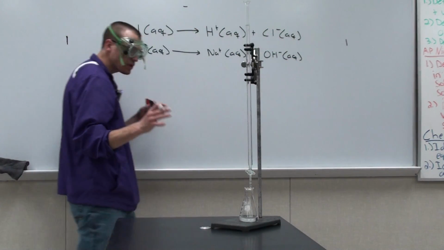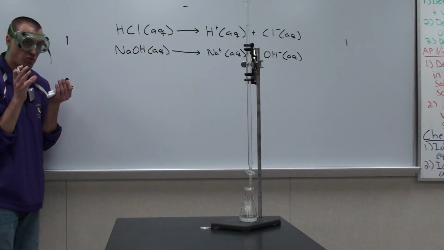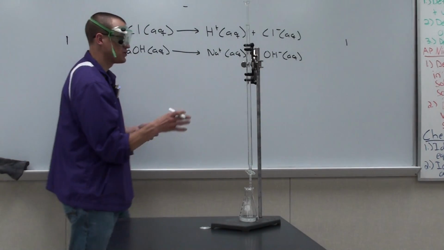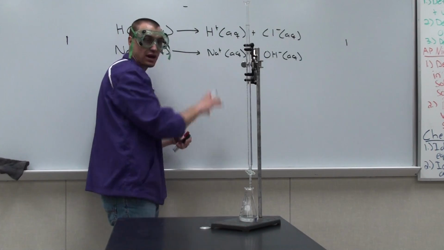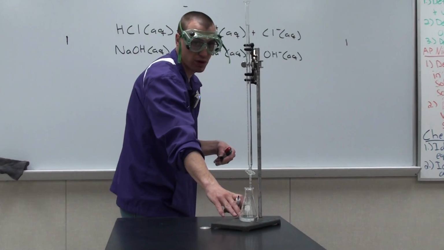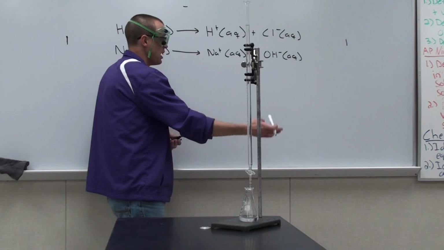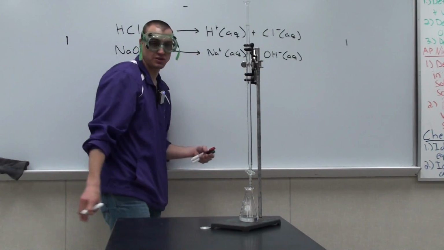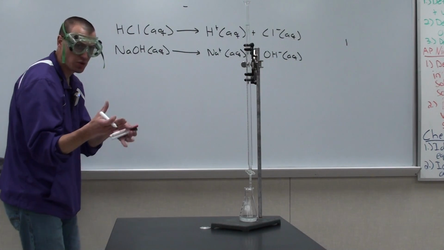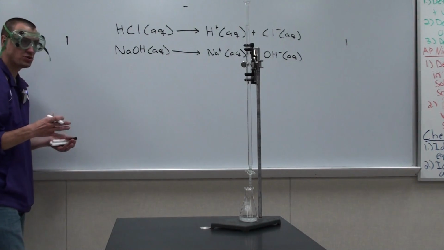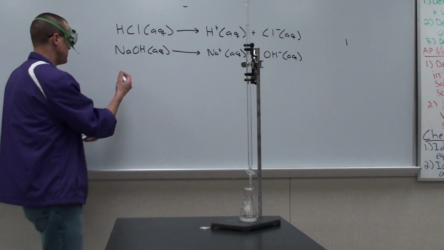Now what we're really interested in is what is exactly happening with our H+ ions from our hydrochloric acid that we started with as we add this sodium hydroxide, or these OH- ions. So the equation that we're most interested in is this.